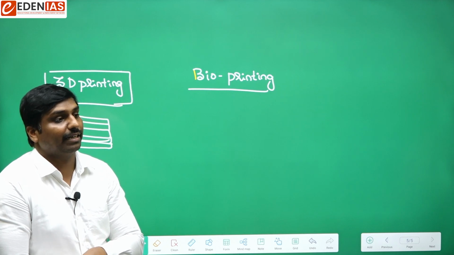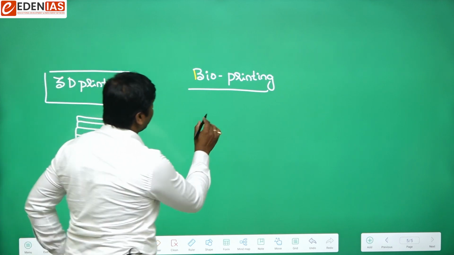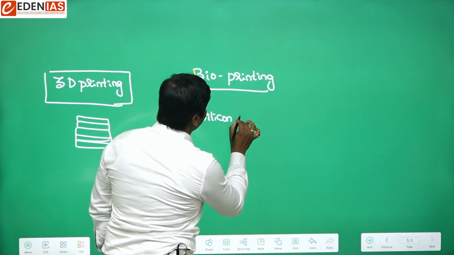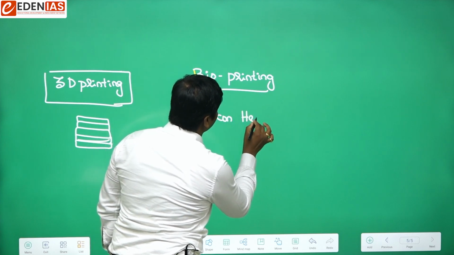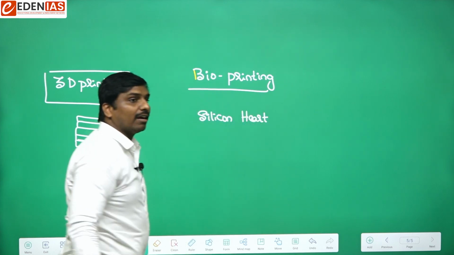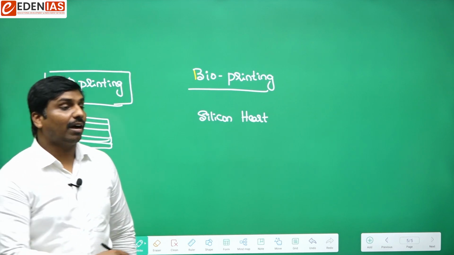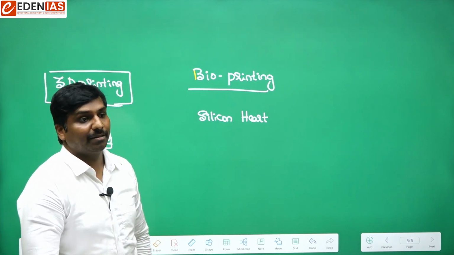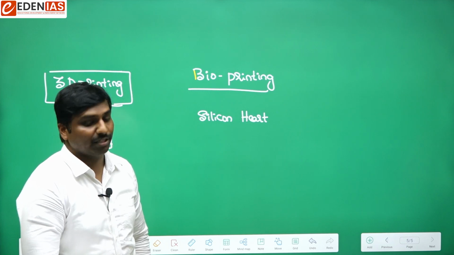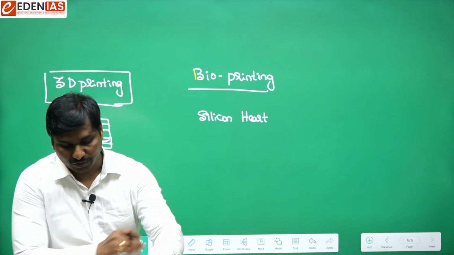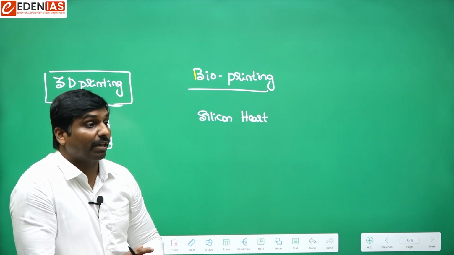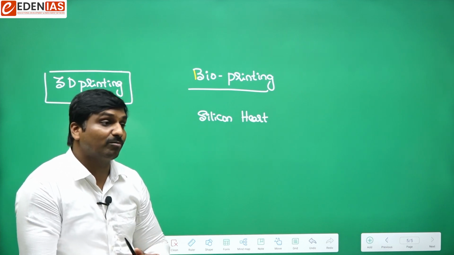For example, we have produced a silicon heart. The silicon heart has been produced by using the bioprinting method. This 3D soft silicon heart has been developed by scientists from Switzerland.